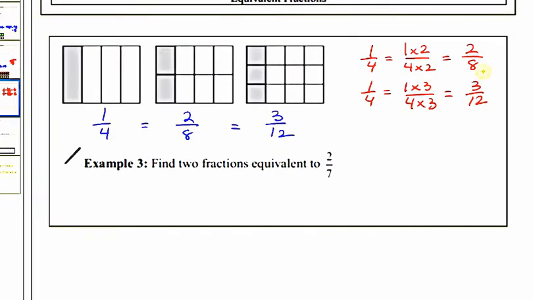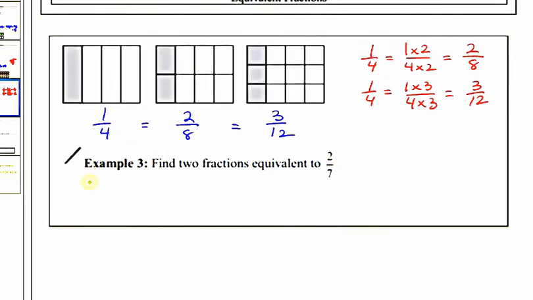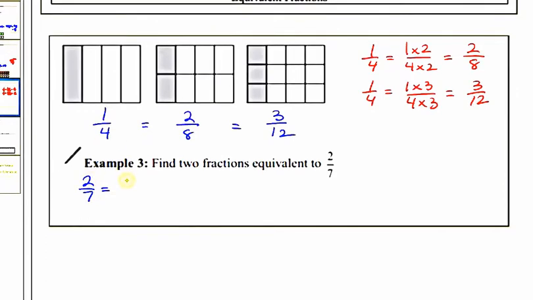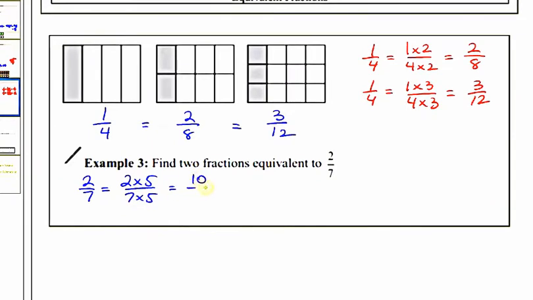So for example 3, we're asked to find two equivalent fractions to 2/7. There's an infinite number of equivalent fractions we can find. For our first equivalent fraction, let's multiply the numerator and denominator by 5. So we'd have 2 times 5 over 7 times 5, which is equal to 10/35. 10/35 is equivalent to 2/7.